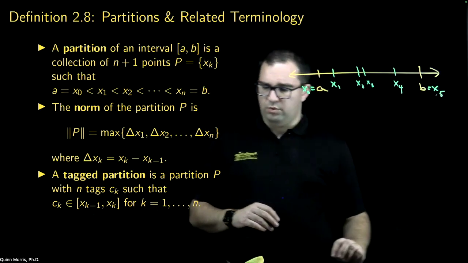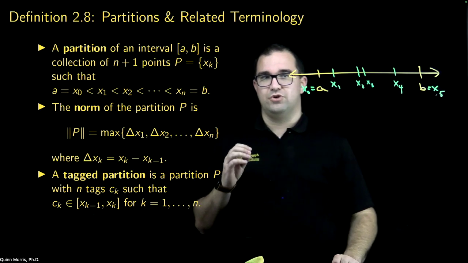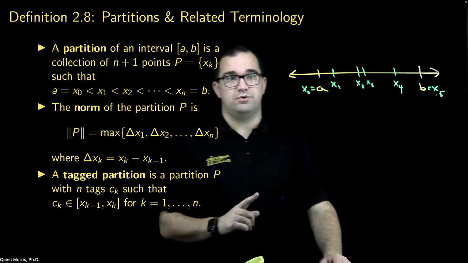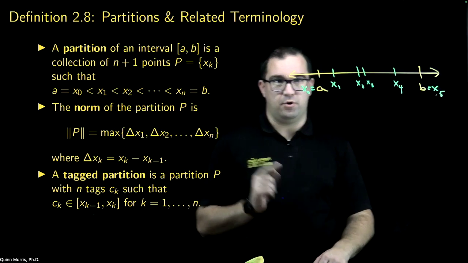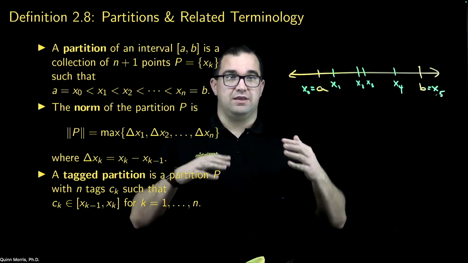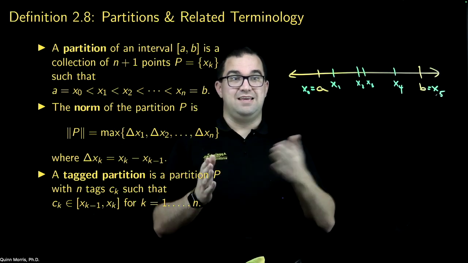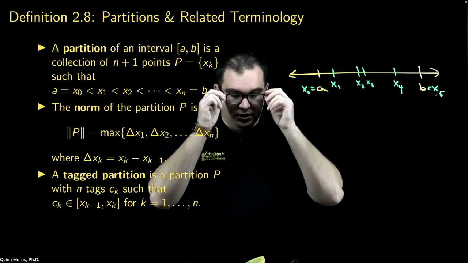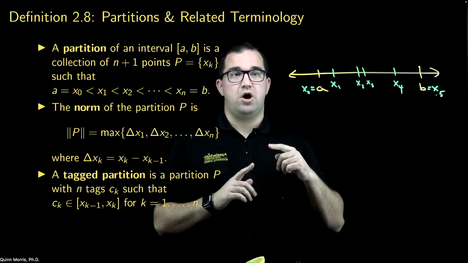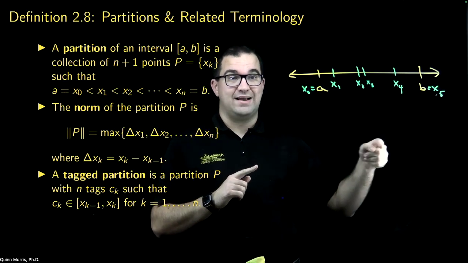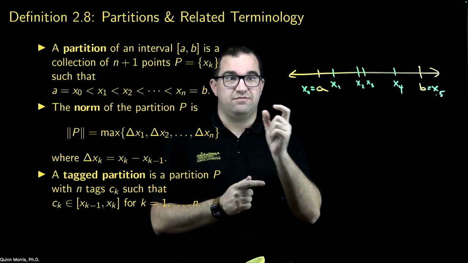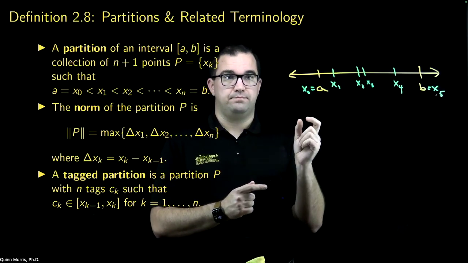Now, we want to define a few things related to the partition. The first thing is the norm of the partition. Remember when we were constructing Riemann sums in calculus, we often took evenly spaced points. One advantage of that is that as you add more rectangles, you force the size of the base of each one to get smaller.